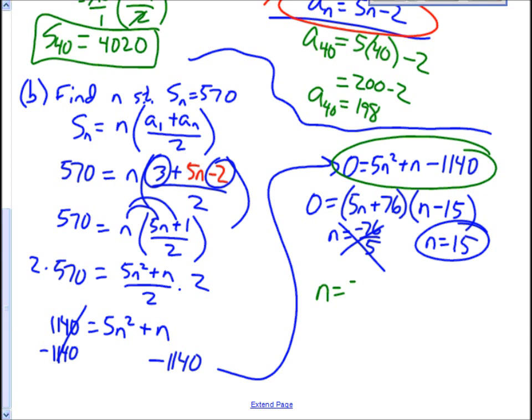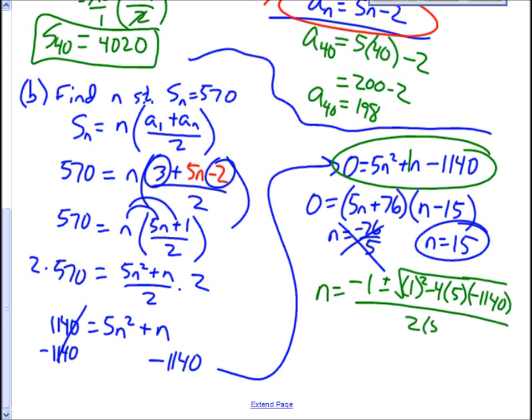So n is negative b, your b is 1, plus or minus the square root of b squared minus 4ac, all over 2 times a. And then this works out, dot dot dot, n equals negative 76 over 5 or 15, and you would throw that one out.